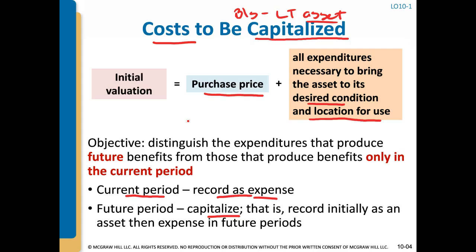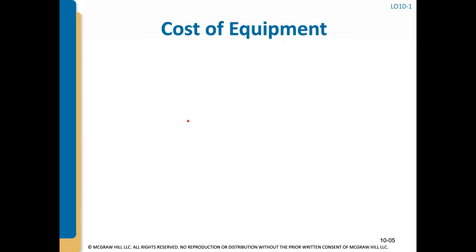If that cost gives you benefit for future periods, such as extending the life of the asset or the amount of time that we would be able to utilize that asset, then we would capitalize it. So once it's capitalized on the balance sheet, later as it's being utilized, it will be expensed into the income statement as depreciation expense.